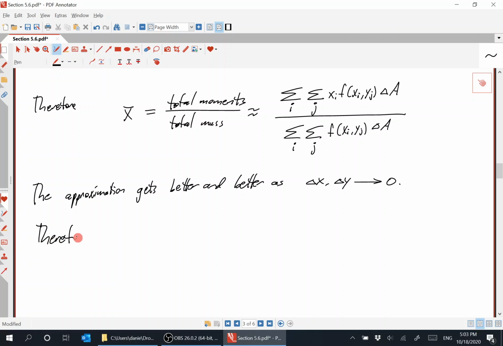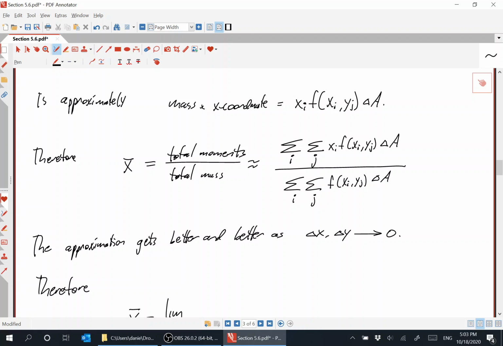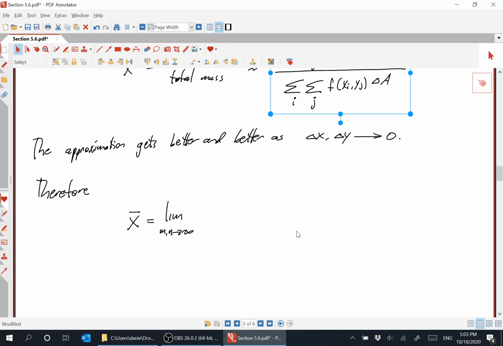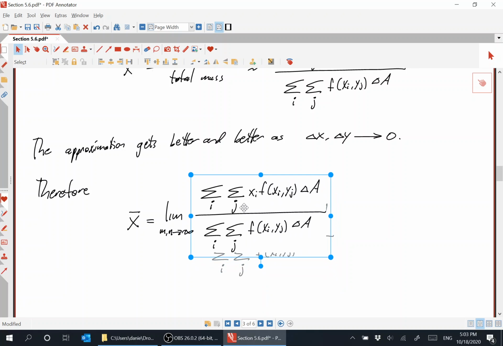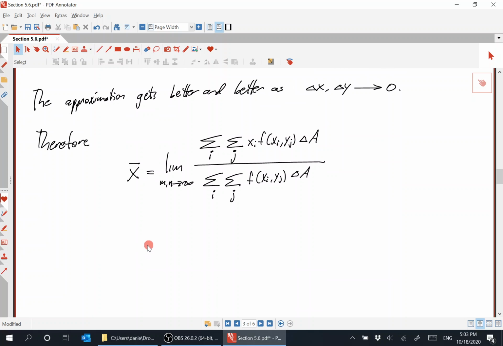Therefore, x bar, just the center of mass in the x direction, is equal to the limit as m and n go to infinity of this fraction here. But the limit of a fraction is just the fraction of the limits, right?